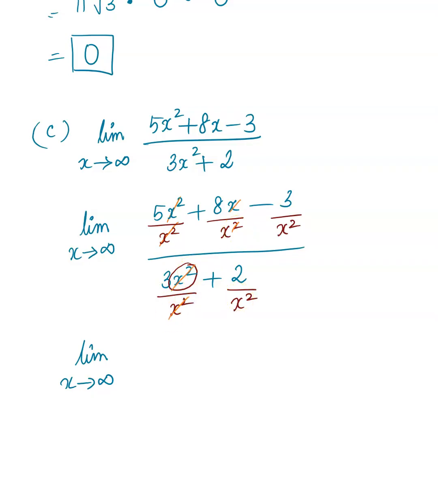So we are left with 5 plus 8 over x minus 3 over x squared, divided by 3 plus 2 over x squared. Now when your x approaches infinity in your limit, this is the most desirable form for us. Why? Because we can move the x from the top to the bottom, like in this case, we have all our x's in the fractions in the denominator.